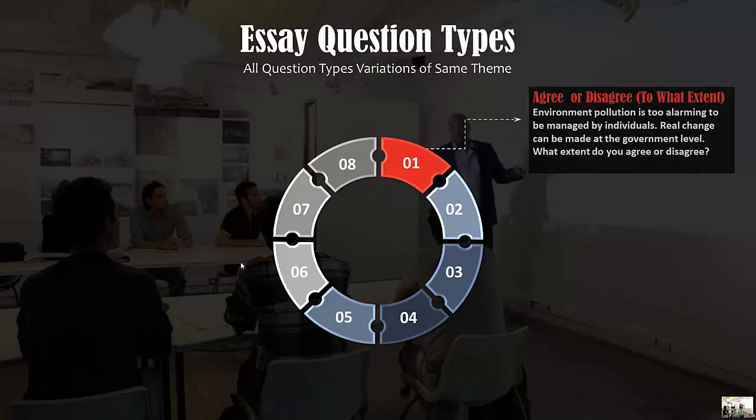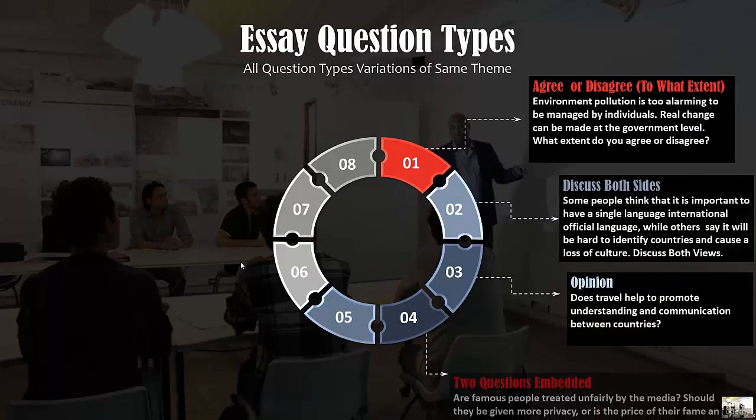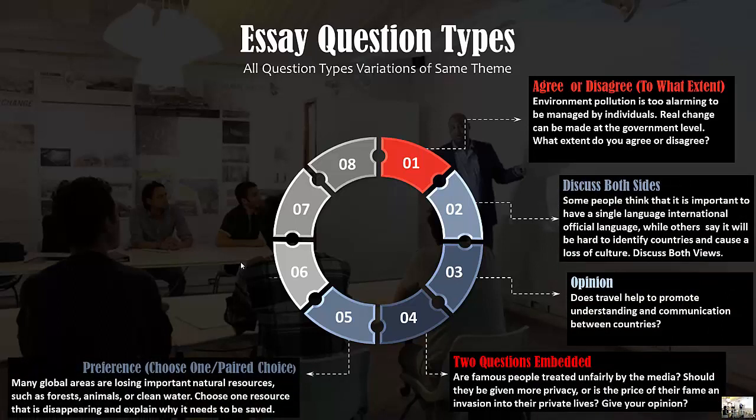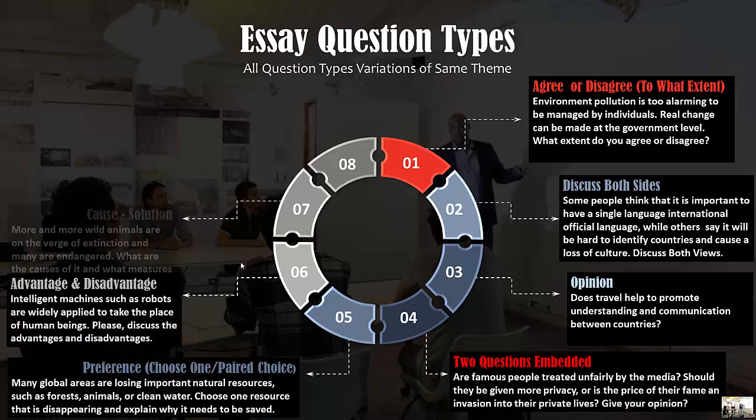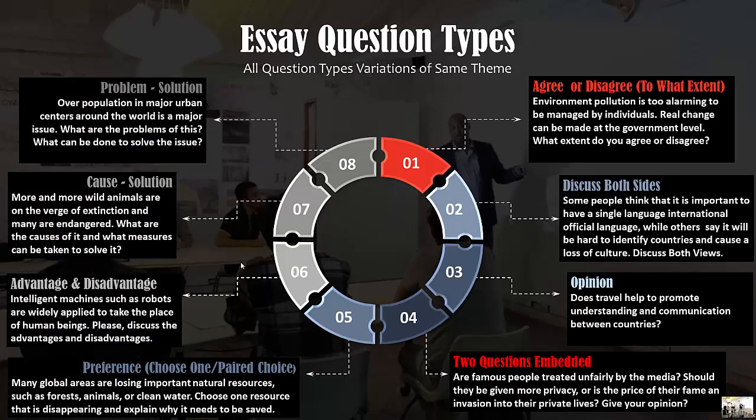So there are many types of questions on the IELTS exam, and they all revolve around the same theme of argumentation. They're just different ways of phrasing it or stating it. But for every single question, you're giving your opinion. So, of course, you have the agree or disagree question. And sometimes this is phrased as just a direct agree or disagree.